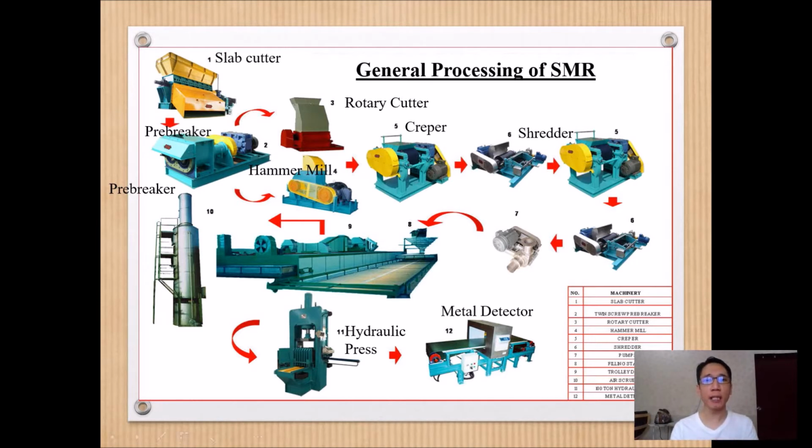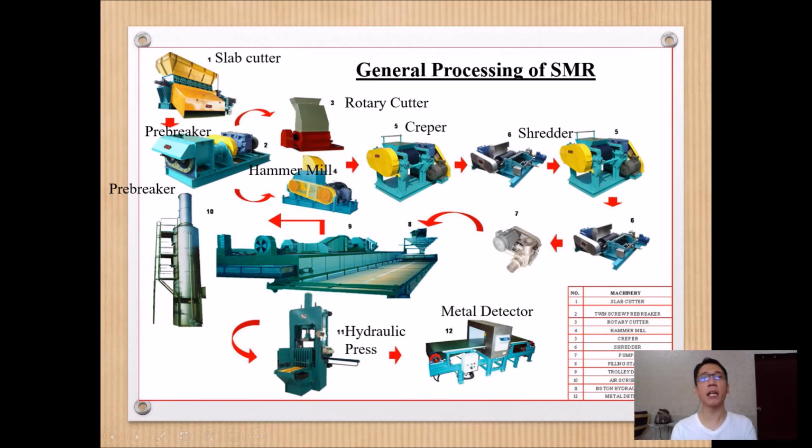If you go to the hammer mill, the hammer mill will transfer your shredded rubber into a series of creepers and shredders. You can see here, it goes to creeper 1 and then to the shredder, and again to another creeper and then the shredder.